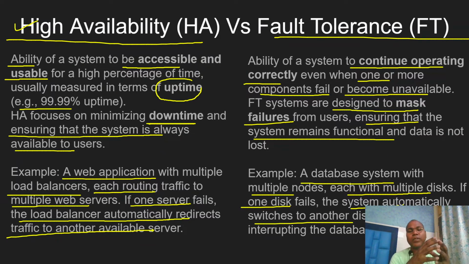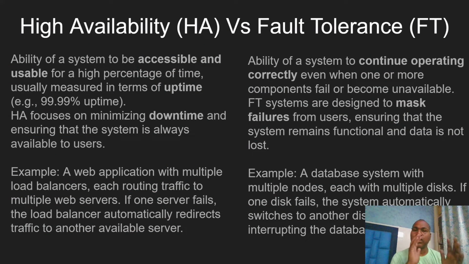Here the objective is to serve as many users as possible, because we are always available. In fault tolerance, the intention is, if a failure happens, how the system still continues running. This is the major difference between a highly available system and a fault tolerant system.